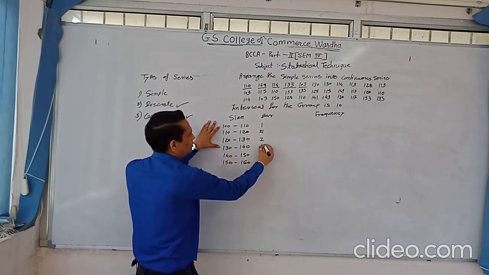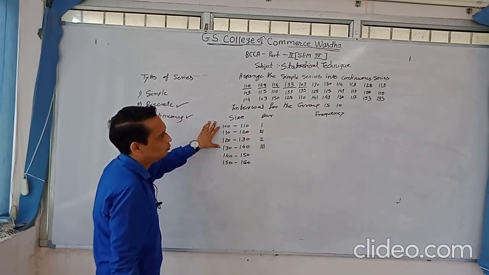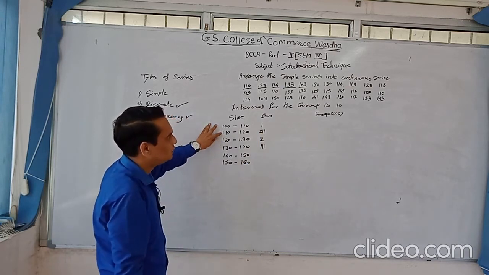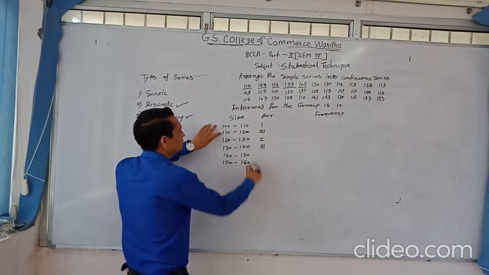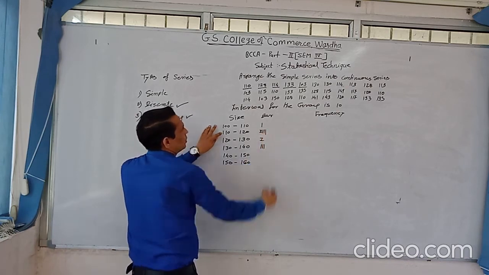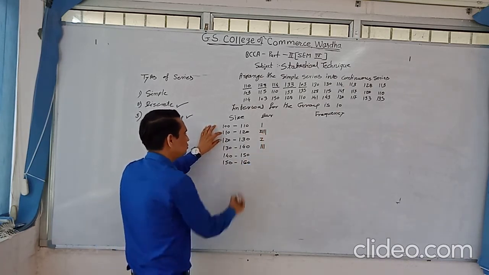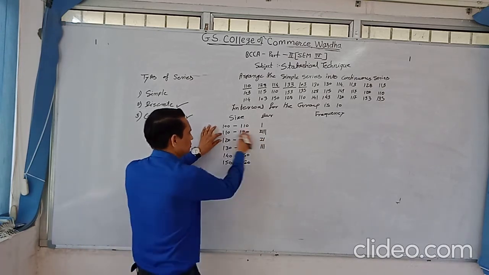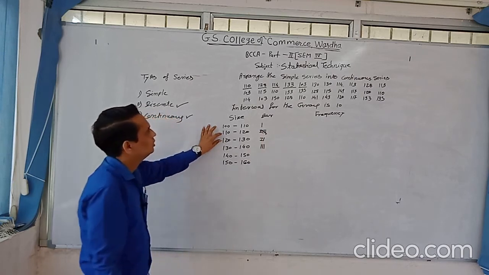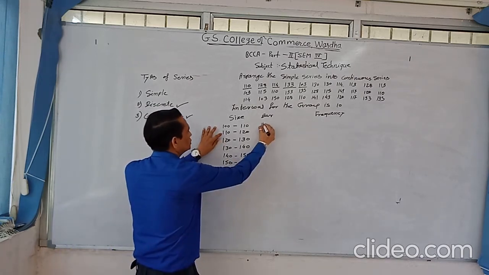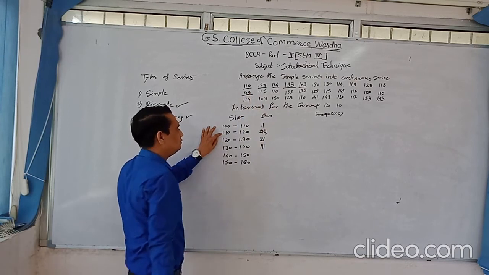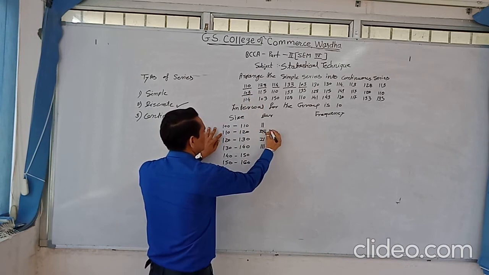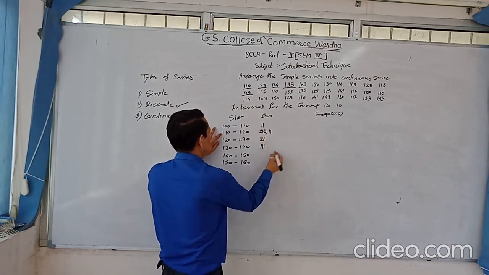Again 130, fourth group. 114 is included in the second group. 113, again second group. 128 is included in 120 to 130. 113, second group. 103, first group. 115 is included in the second group. 110, second group.